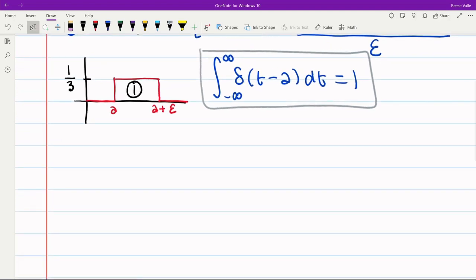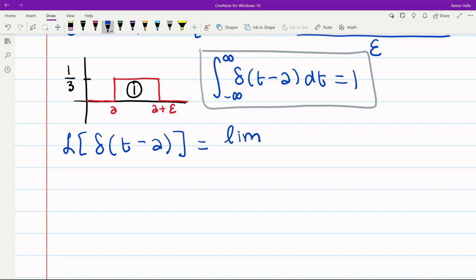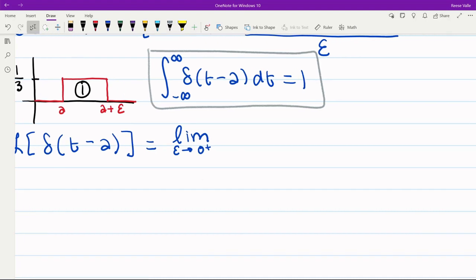So we're going to start with the Laplace of delta of t minus a. This would be equivalent to the limit as epsilon approaches 0 from the positive side, because as you can see in the graph, it's only in the positive direction.